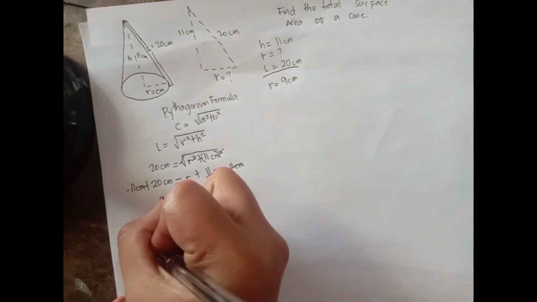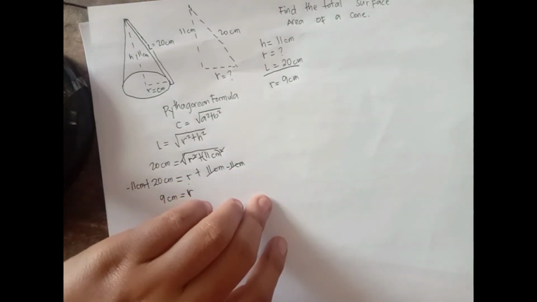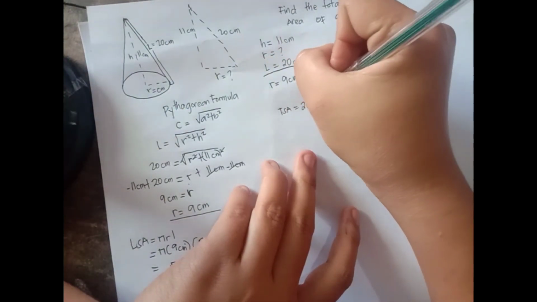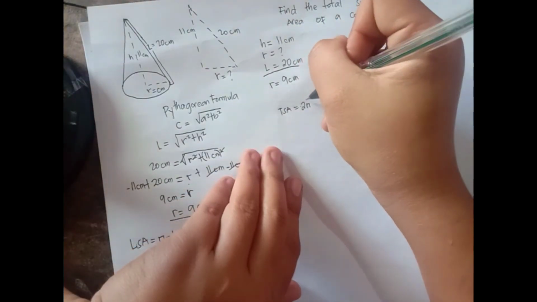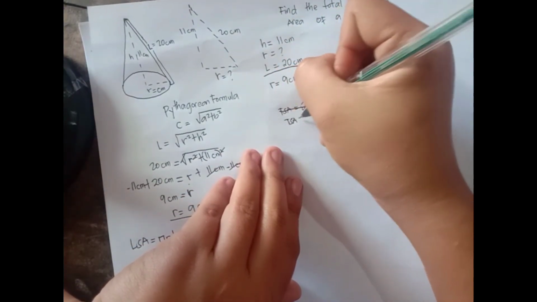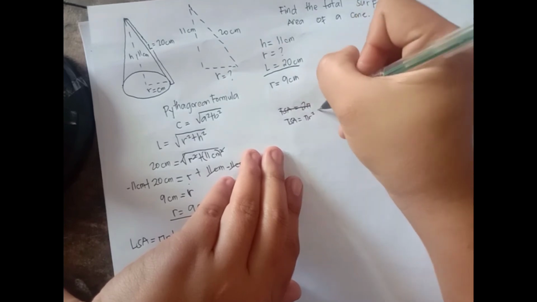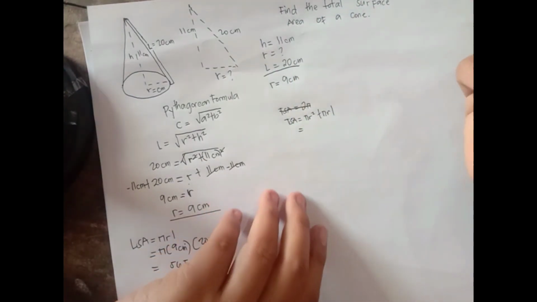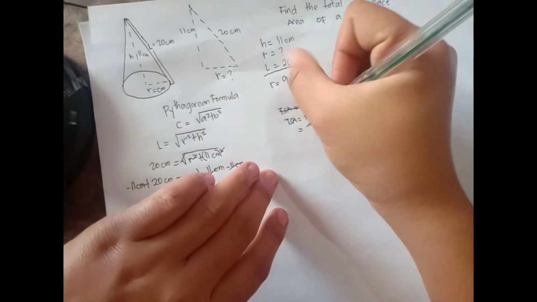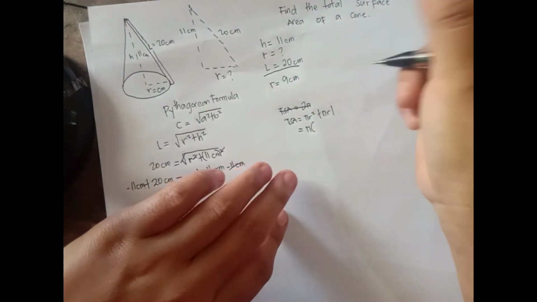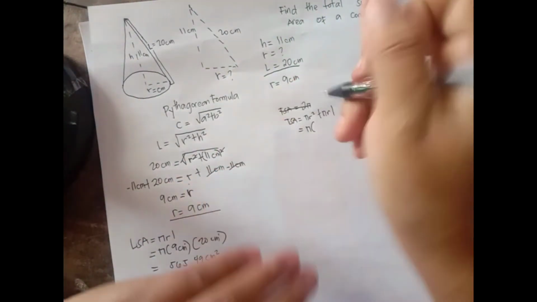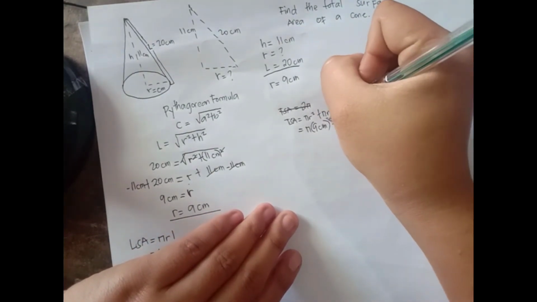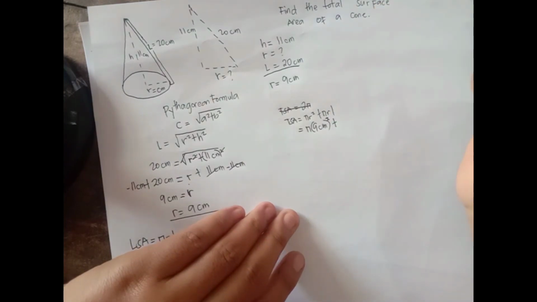Next, ang gagawin natin is to find the total surface area. So, total surface area is equals to pi r squared plus pi rl. So, to get the total surface area, we have to find the pi r squared. So, r, since we have the r, so 9 cm squared. Since may square dito, wag natin kalimutan yung mga exponent.